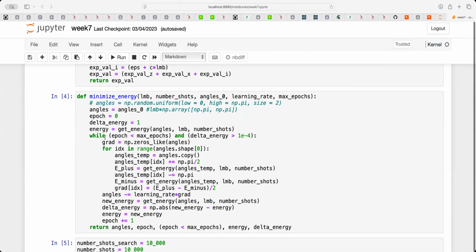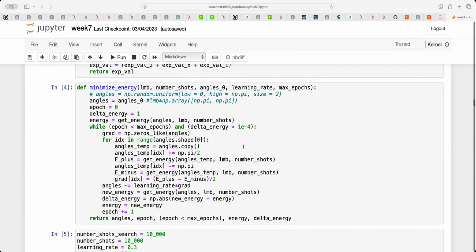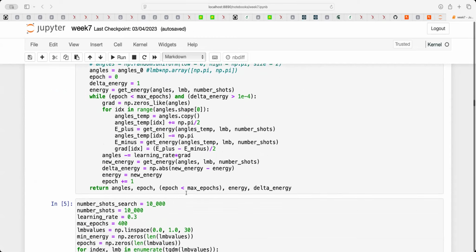And what I've implemented here is a simple gradient descent. It's a stochastic gradient descent, so I do it by number of iterations, while the energy difference is larger than 10 to the minus 4. So this is a convergence criterion which I plugged in. And then I get my new energy, so I'm just accumulating the different values.